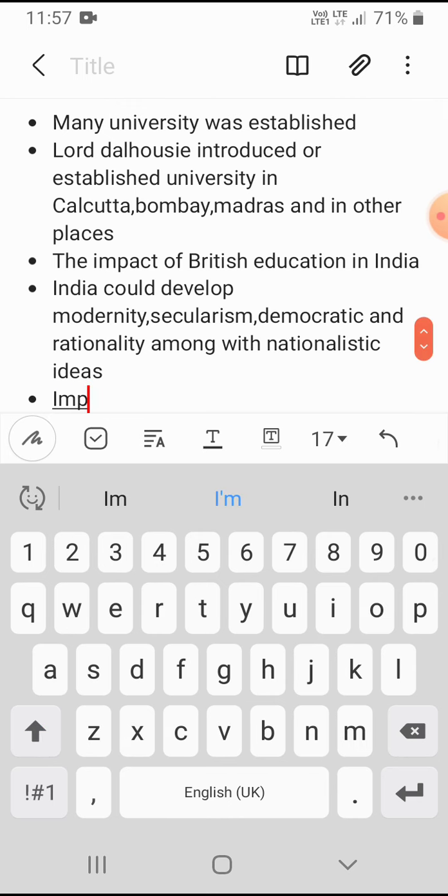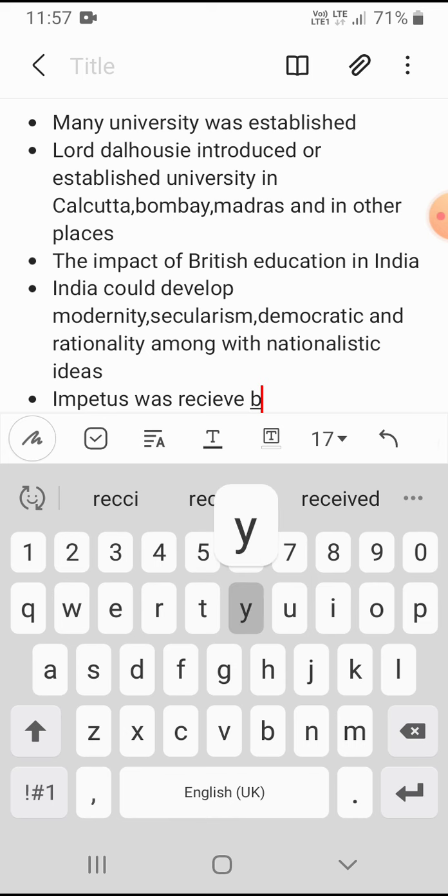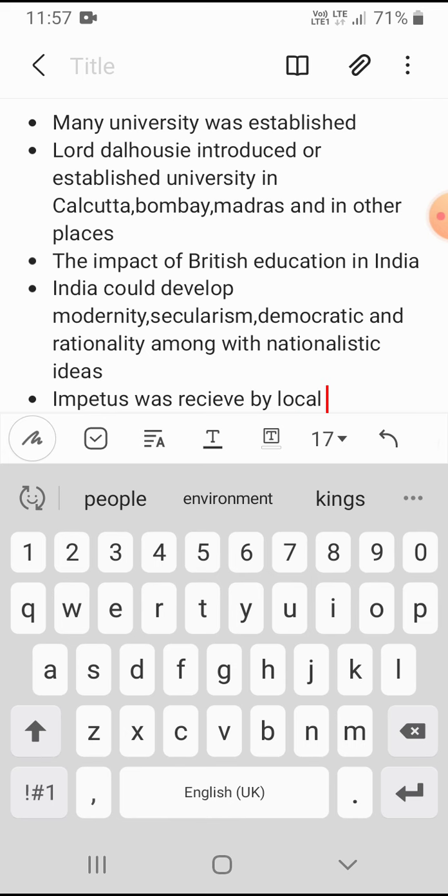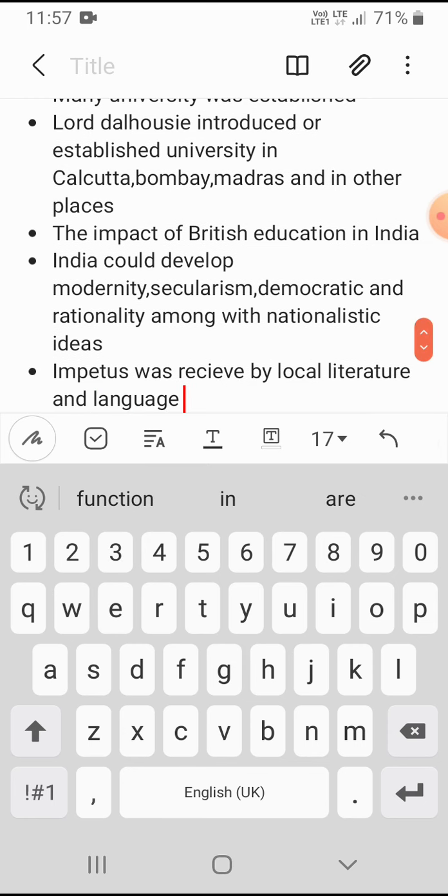And impetus was received by local literature and languages, means they were given respect.